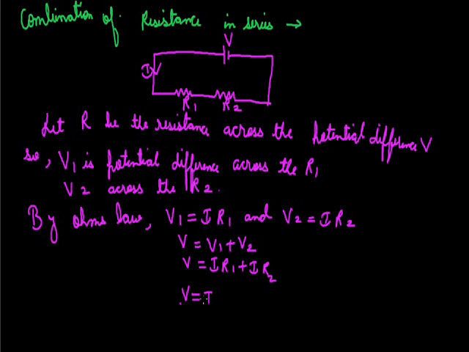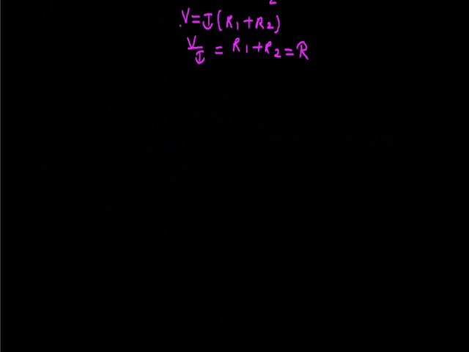On taking I common, remains R1 plus R2. V by I is equal to R1 plus R2, and according to Ohm's law, V by I is equal to R. Now, combination of resistance in parallel.